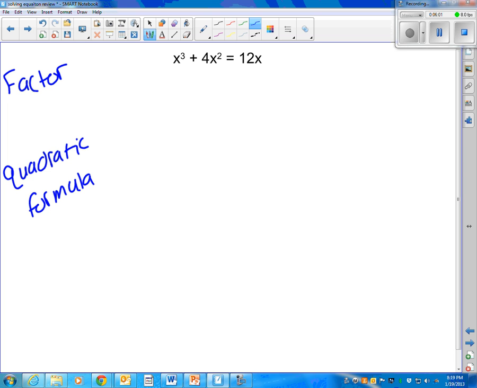If you don't isolate the variable, these are your two choices: factor, quadratic formula. I've already said that I can't use this because I have a cube. So let's look at factoring. Is there a greatest common factor? Well, yes. Everything up here has an x in it.